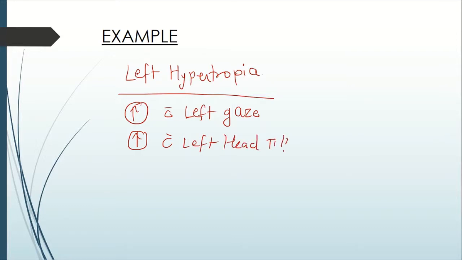Such sorts of questions will be given to you. We'll take one clinical scenario at the end of this video to look at how you actually solve MCQs and what type of questions you get from this concept. So this is an example where everything is left, left and left.